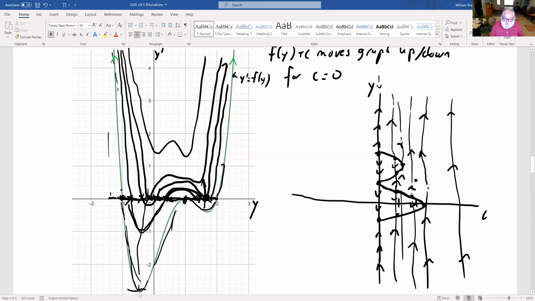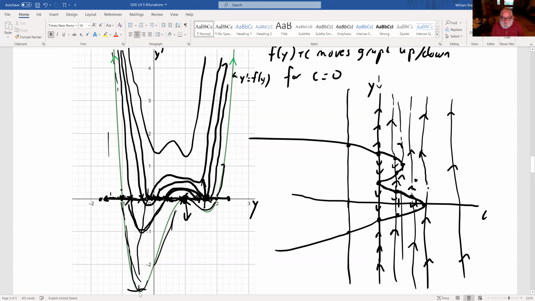What happens if we push it down, if we have a negative C? Well, if we have a negative C, this equilibria goes to the left. When this maximum pushes down away from the y-axis, that just goes away. And then this one moves out to the right. So we end up with just one out here and one out here. And so our bifurcation curve will end up looking like that.